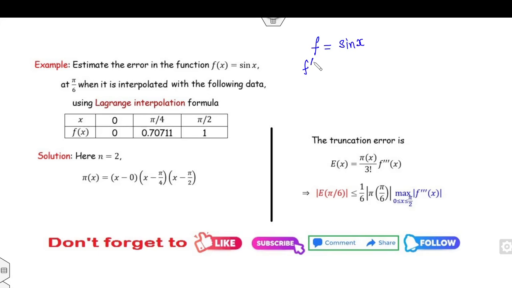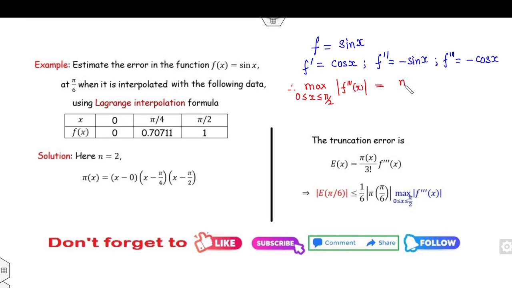So what is the first derivative? Cos x. Second derivative, minus sine x. Third derivative, minus cos x. So your target is to find the maximum value from 0 to pi by 2 of the third derivative in absolute form.